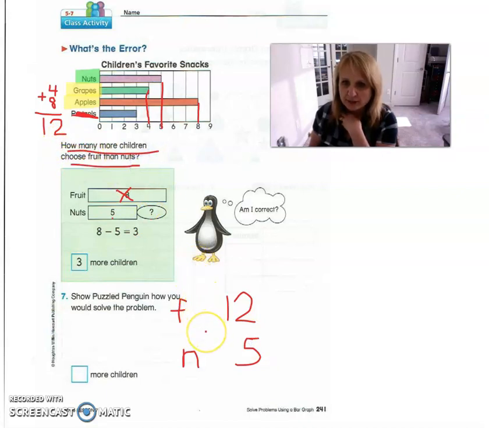So are we going to add or subtract? We want to know how many more chose fruit than nuts. We are going to subtract, okay, because we know the number has to be smaller. It has to be smaller than 12.